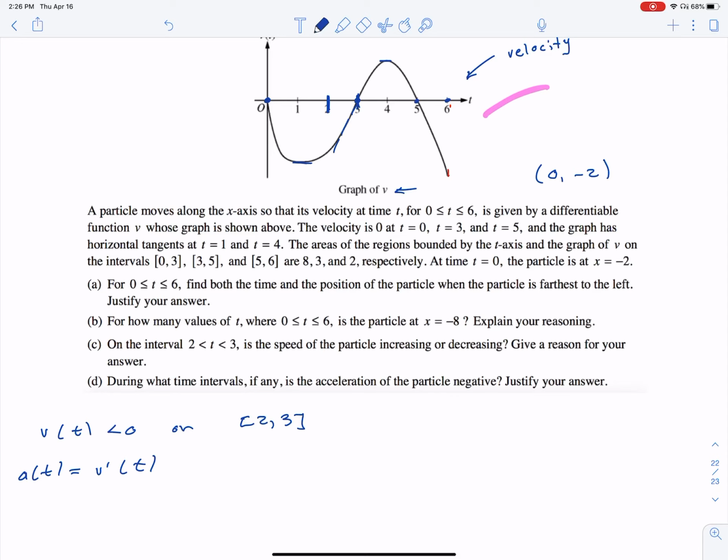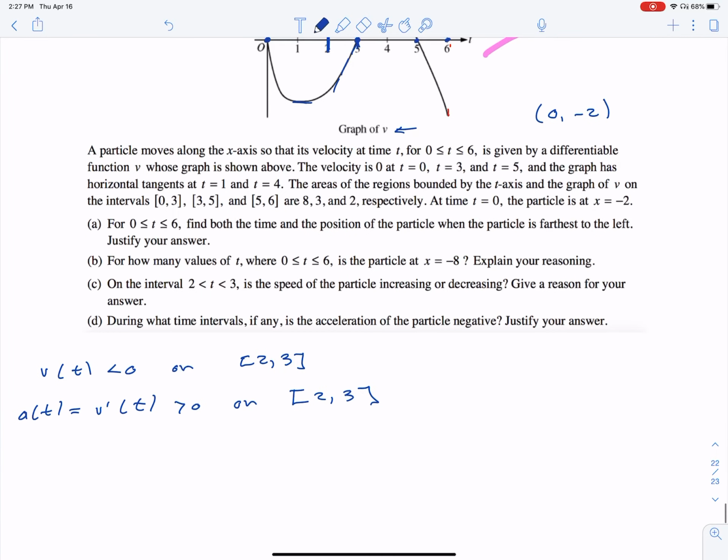So in other words, it is greater than 0 on 2 to 3. So notice what we have. The velocity function is negative. The acceleration function is positive. Therefore, the speed of the object has to be decreasing because the signs are different.